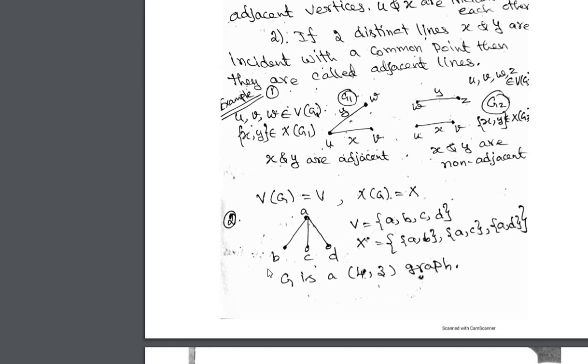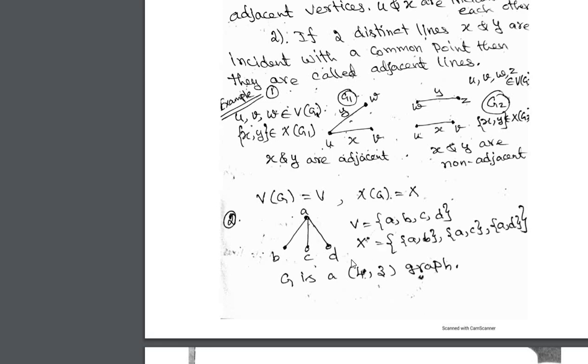So this is a graph G. So you can represent this G as a 4 comma 3 graph. 4 is the number of vertices and 3 is the number of edges. Usually you can call this P comma Q. P is the number of vertices and Q is the number of edges here. So G is a 4 comma 3 graph here.